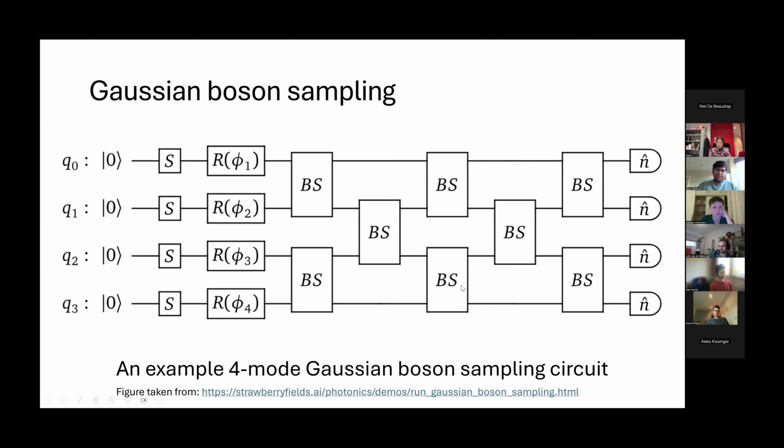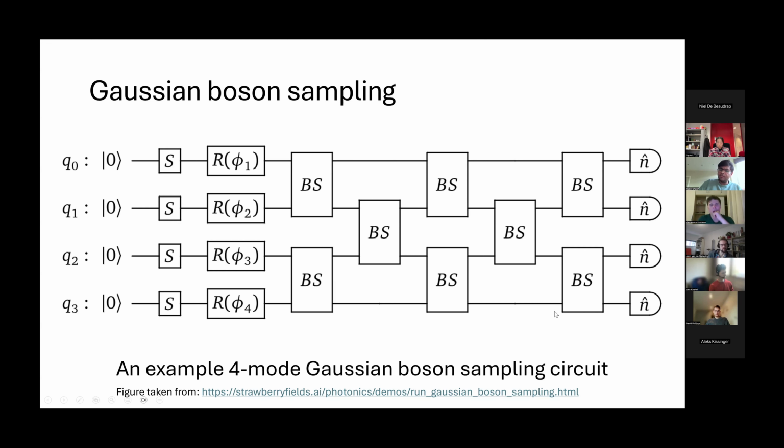To do that, we start by looking at what the Gaussian boson sampling circuit is. Here's an example. In this circuit, we start with vacuum states, and you apply some squeezing to it, which has some parameters. Then you have the rest of it, which is called an interferometer.